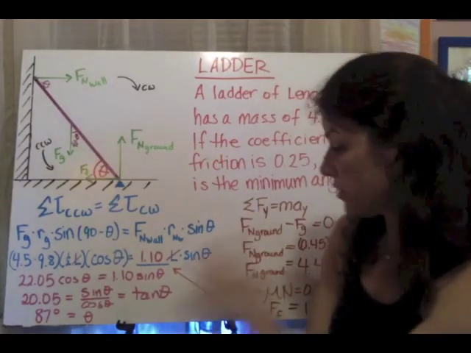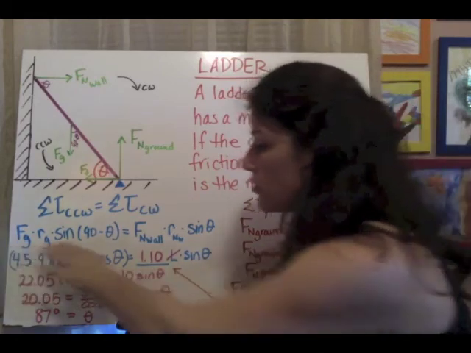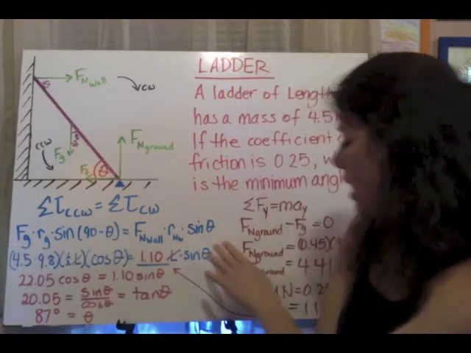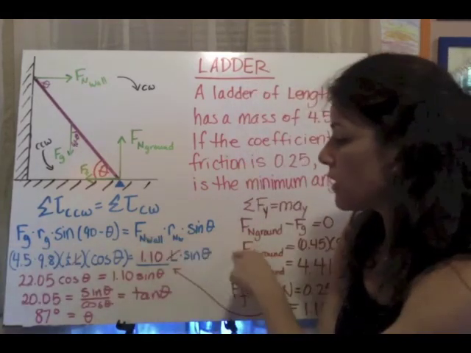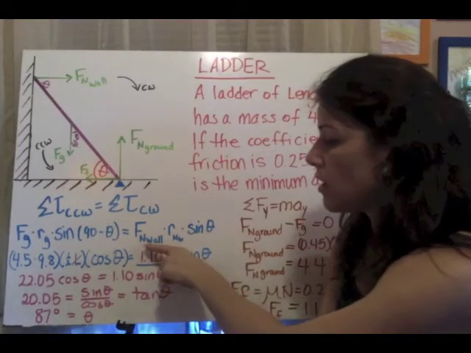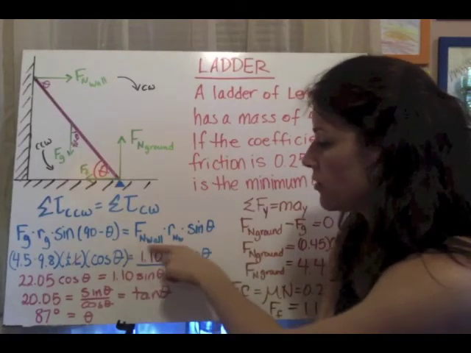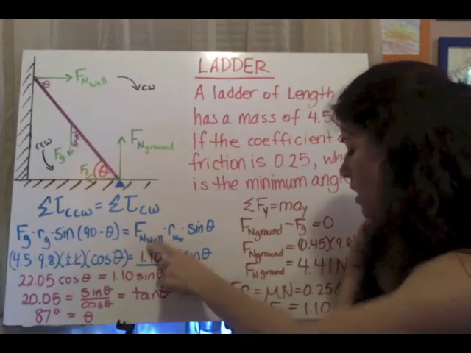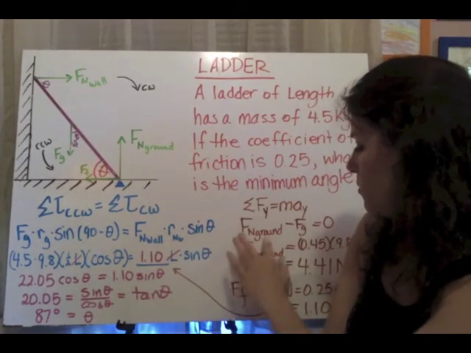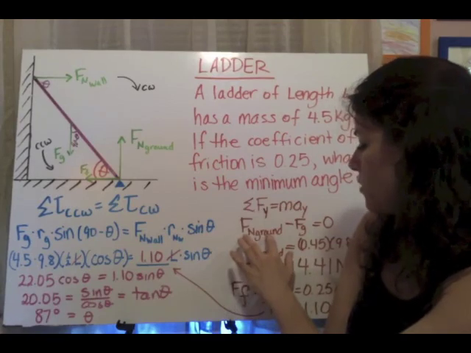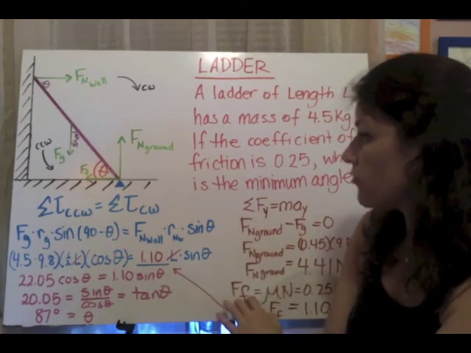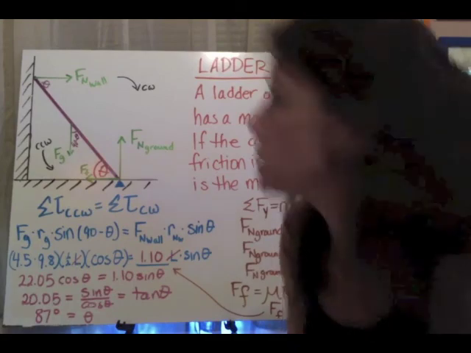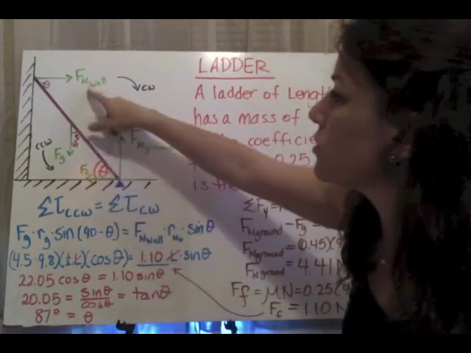So there are several steps here. One is writing out your torque equation. The second part is, before you can solve for the angle, you need to find the normal of the wall. Finding the normal of the wall means that you first have to find the normal of the ground. The normal of the ground will give you the friction force, and the friction force is going to be equal to this normal of the wall.